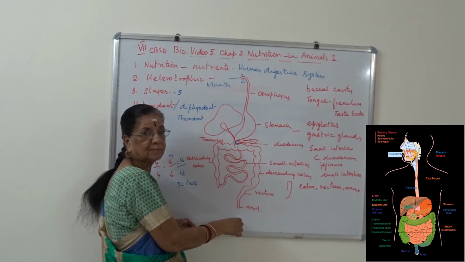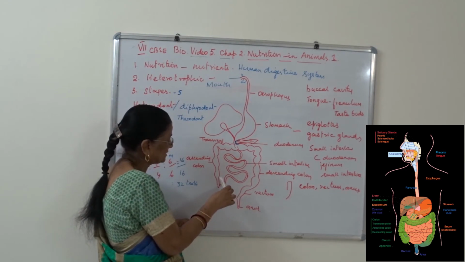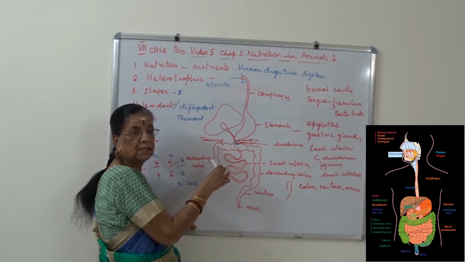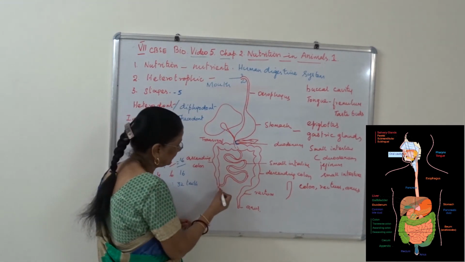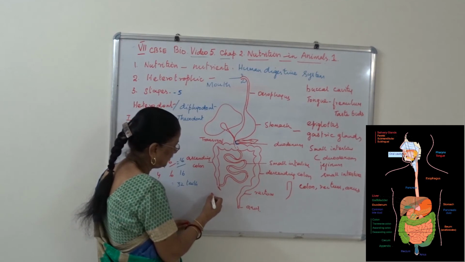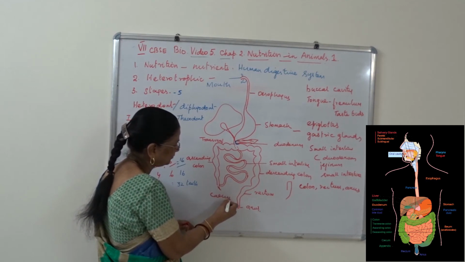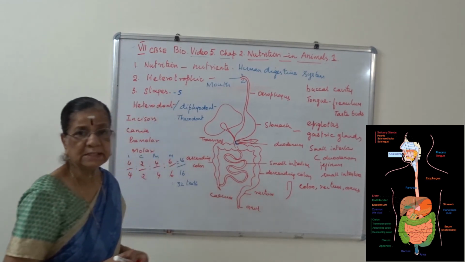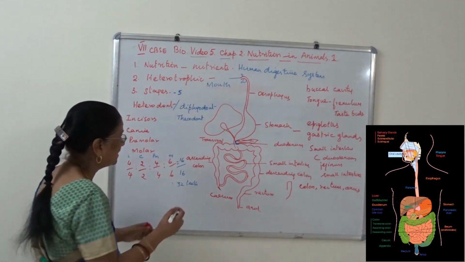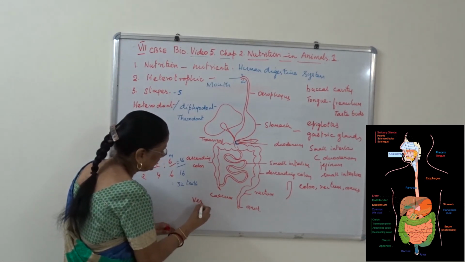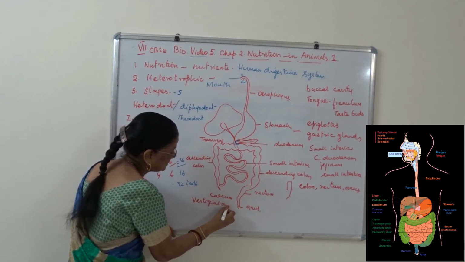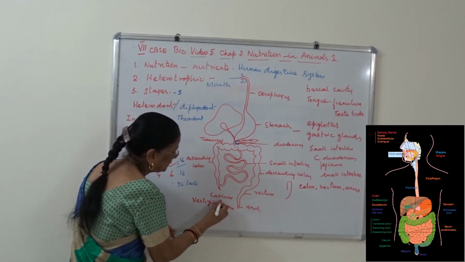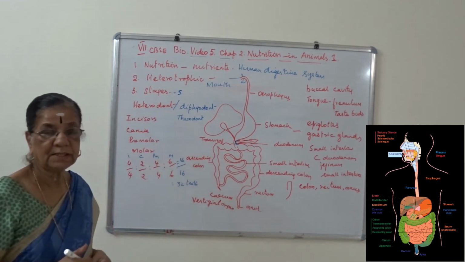Are you clear? Before that, the small intestine has a small blind pouch called the cecum, which is a vestigial organ. It is present in the body but has no function, right?